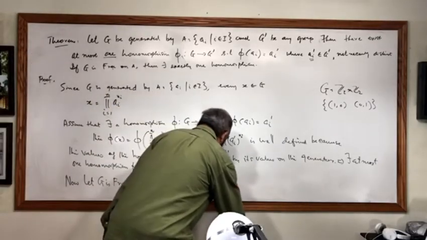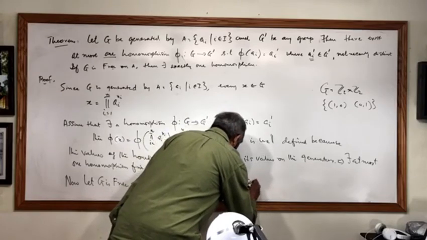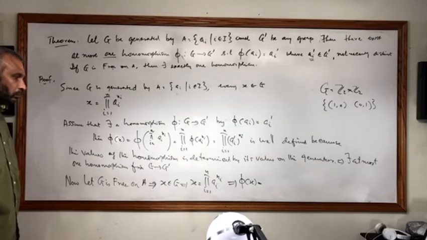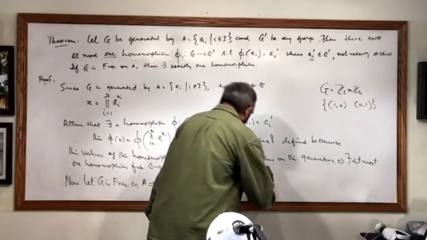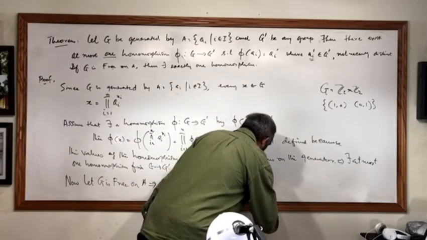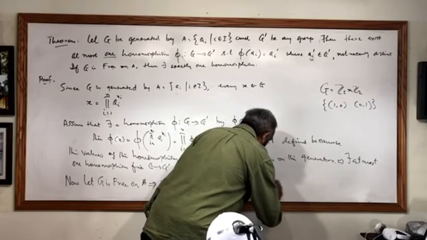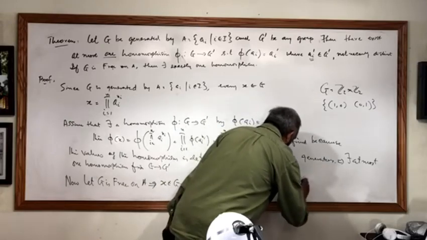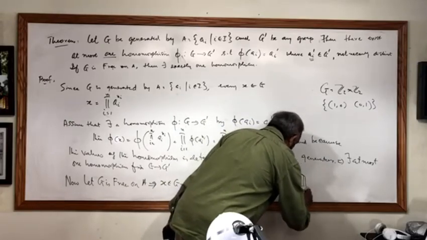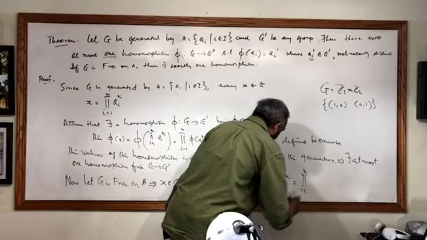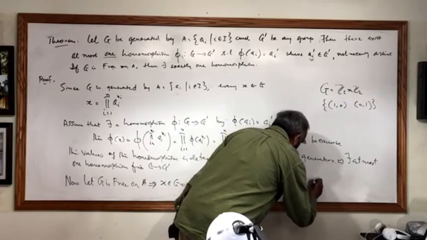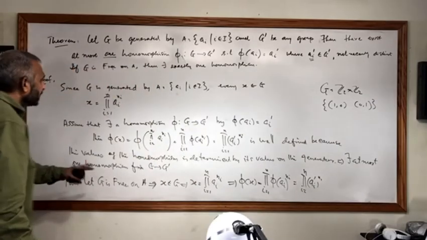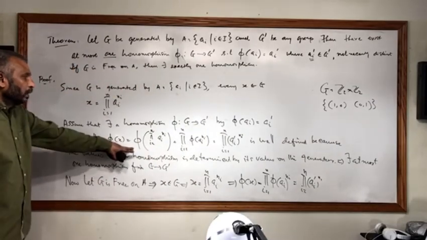That implies phi of x is equal to the product over i from 1 to n of phi of a_i^{n_i}, which is equal to the product of a_i prime, which is well defined. This is exactly like here.